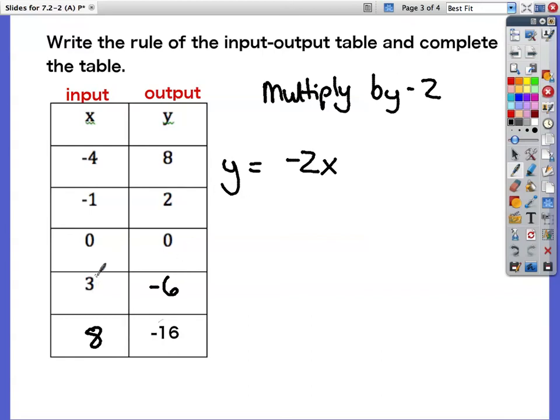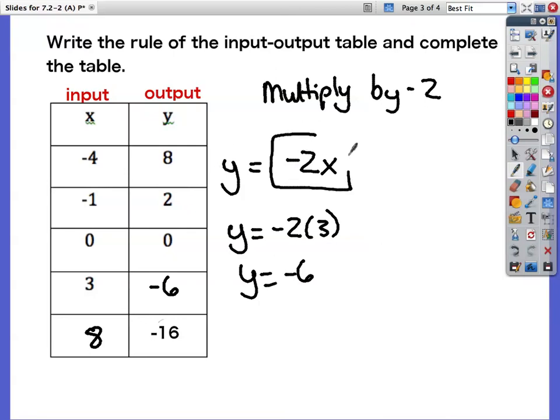For example, if I put 3 in the place of x here, I get y equals -6, and that's exactly what I have in my output value here. So it's a dependent relationship between 2 variables or 2 letters that could be really any number. But there's a rule that gets us from the inputs to the outputs, and that rule is described right here.